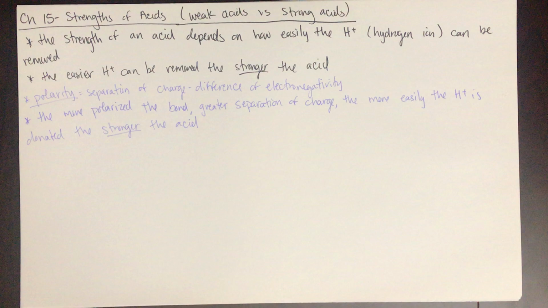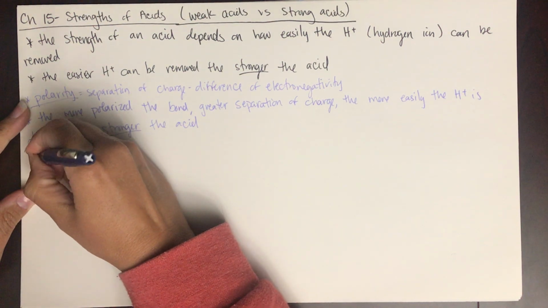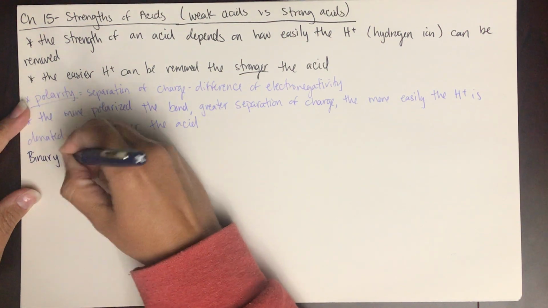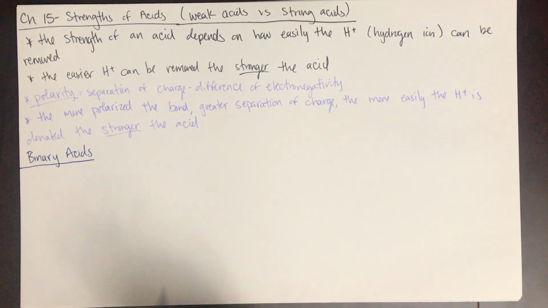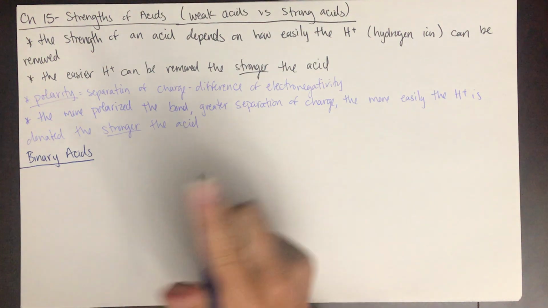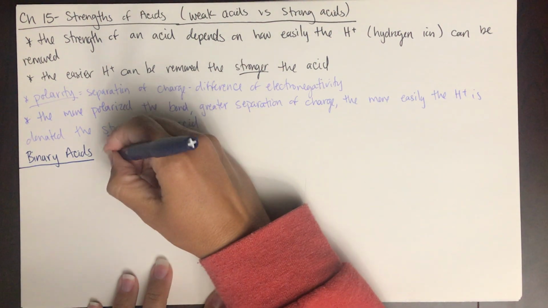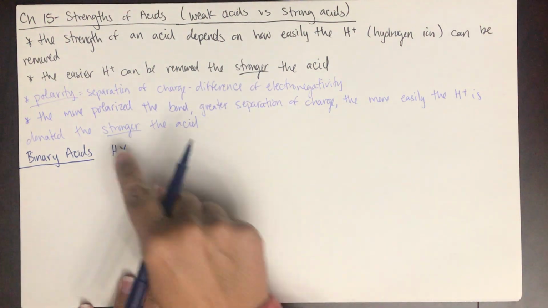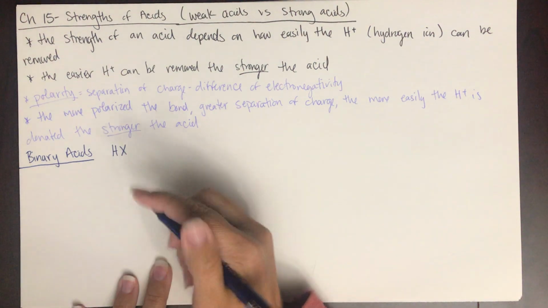So let's just look at some trends that your book talks about that you will be responsible for. The first one is binary acids. A binary acid, bi means two, which means there's two elements in this acid. Usually they're represented as HX, where H is the acidic proton, and X is whatever else.